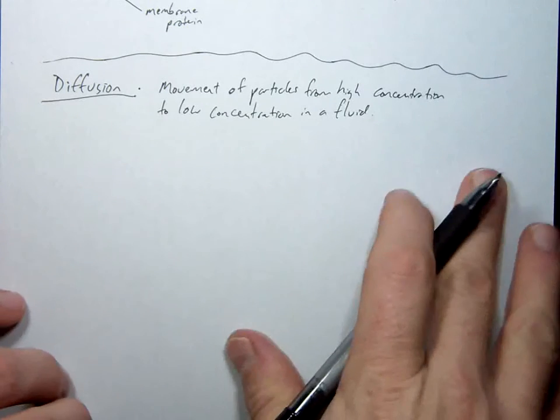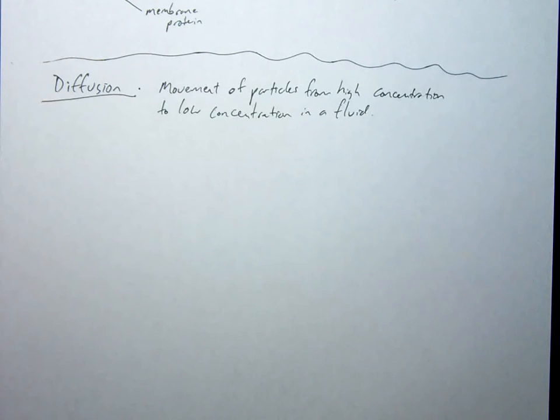Okay. Diffusion is not specific to the cell membrane. Diffusion happens all the time, okay? It is any time particles are moving from high concentration to low concentration. There's at least 1,000 examples of it happening right now in this room. Most notable of which for me, what I can smell through my stuffy nose, is coffee.